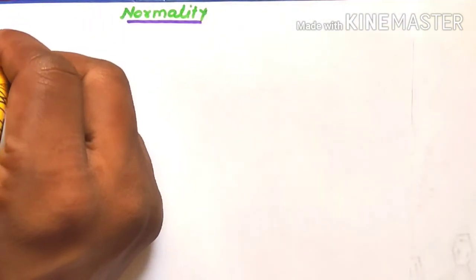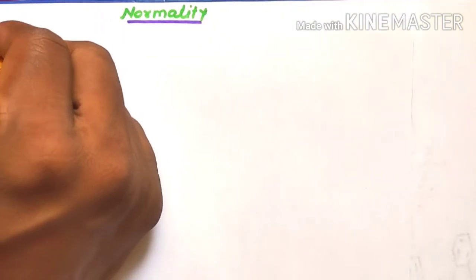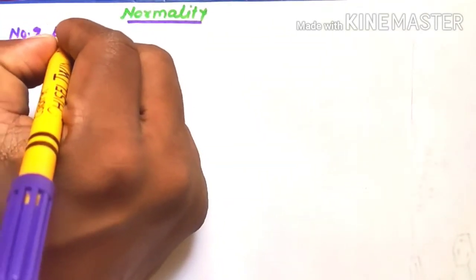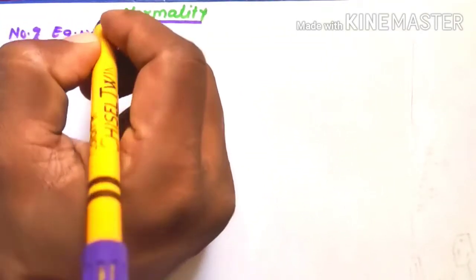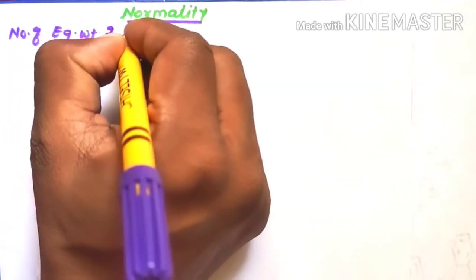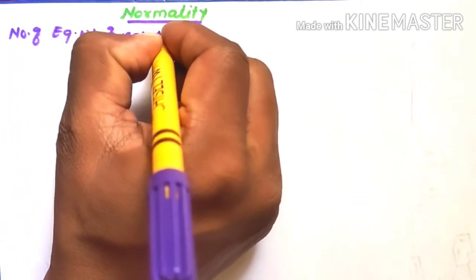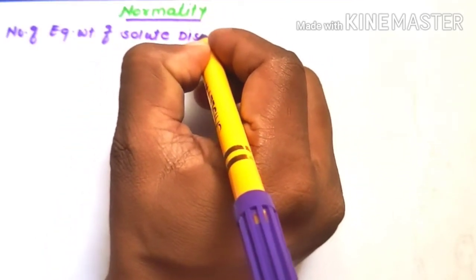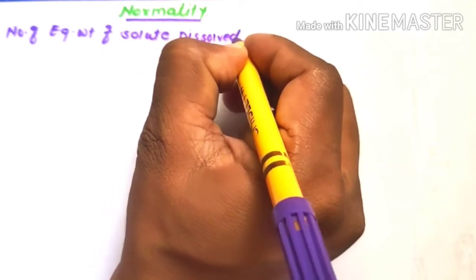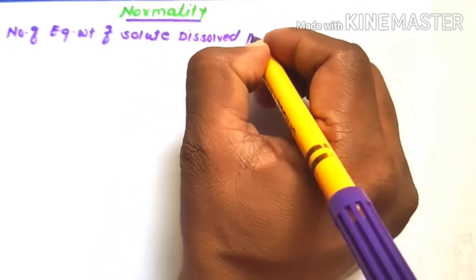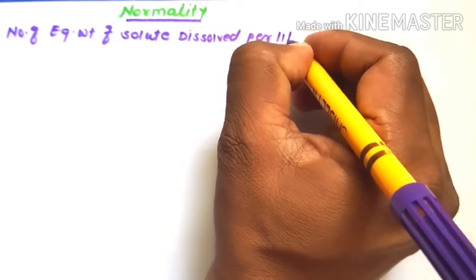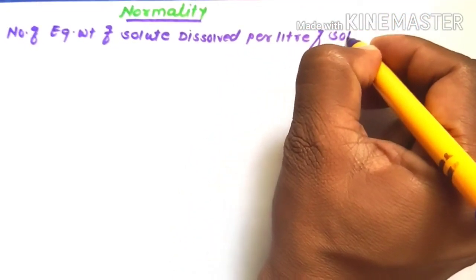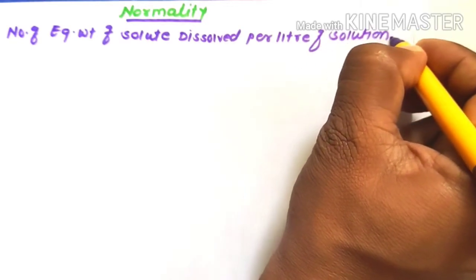Basically, normality means the number of equivalent weight of solute present or dissolved per liter of solution.